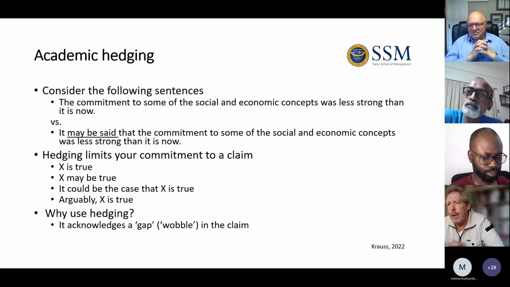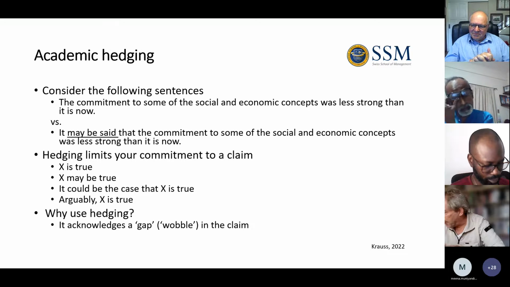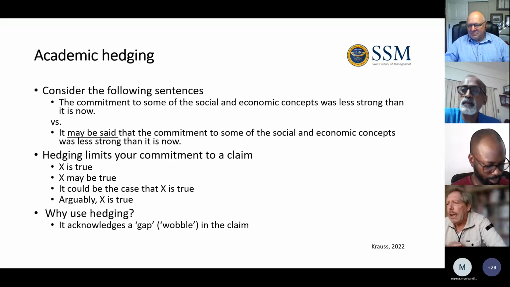Just as an anecdote, when I was doing my PhD, my supervisor and I were quite enthusiastic about some of the results that we got on the impact of internationalization on the Dutch economy. And then we were so enthusiastic that we thought, well, let's make an article and send it to the Economist. As academics, we use a lot of hedging, and we try to be careful not to draw too strong conclusions.